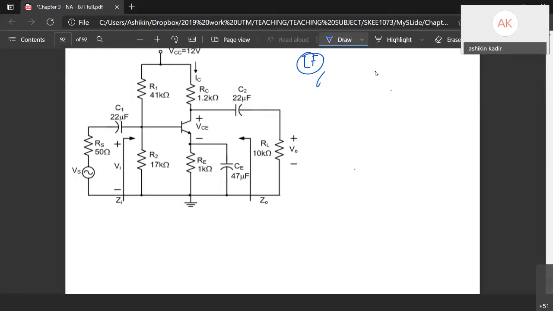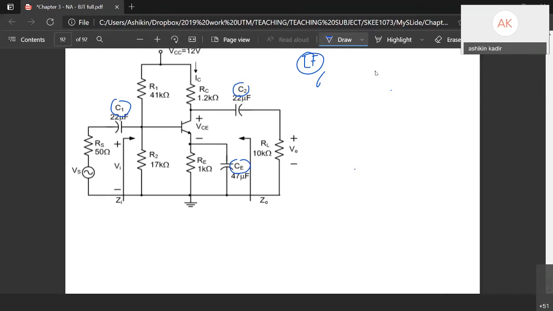We need to draw C1, C2, and also CE for the circuit. Firstly, draw the hybrid pi model for this circuit. Because now we are analyzing the AC circuit, we only need VS, not the VCC.